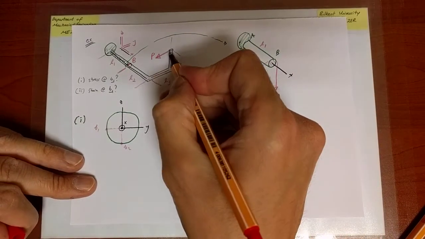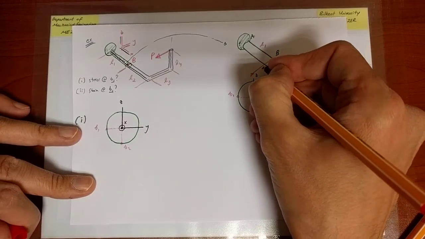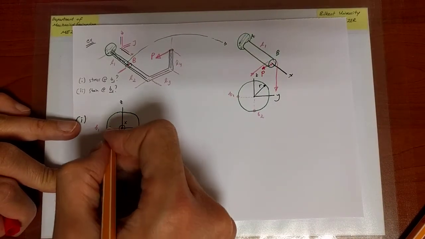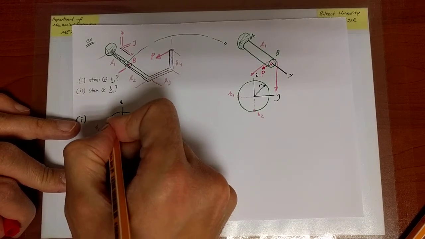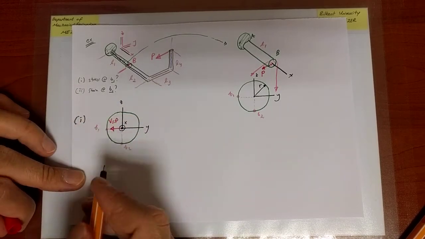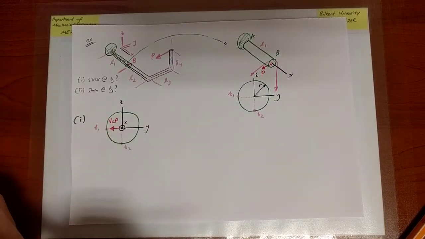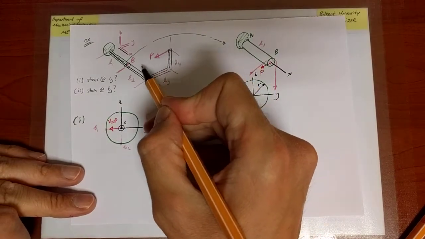If I carry it onto that cross-section, there is going to be a transverse shear force P. Typically we denote that transverse shear force with V. In this case, V is equal to P, and the direction is along the minus Y direction. That's quantity number one.